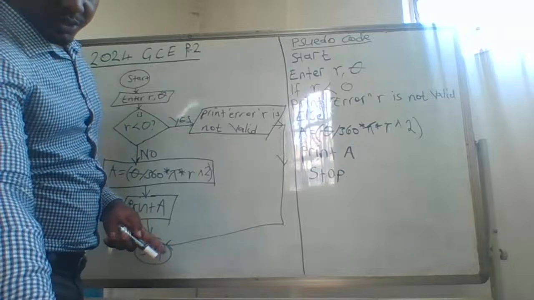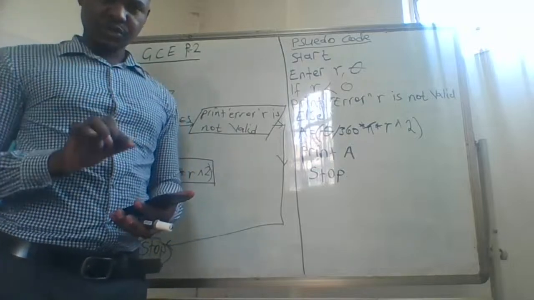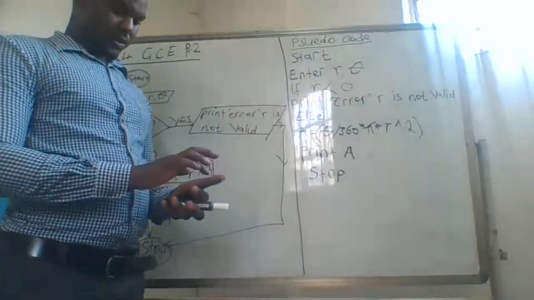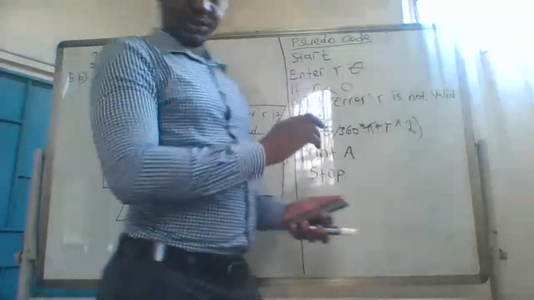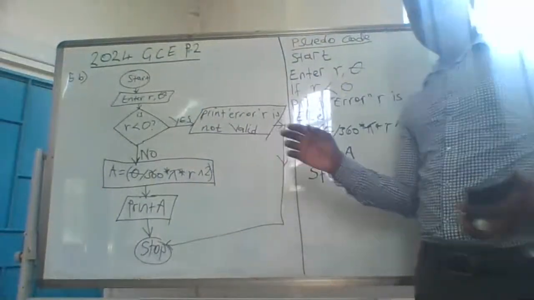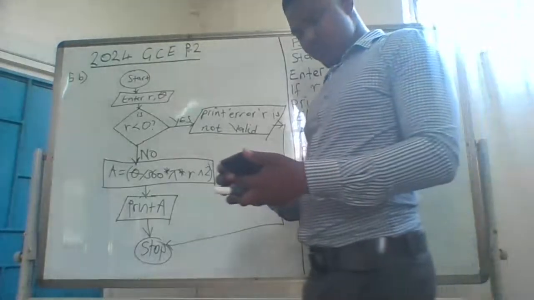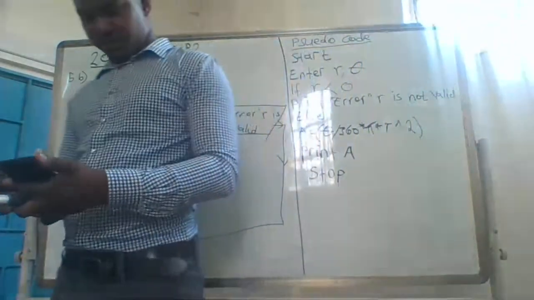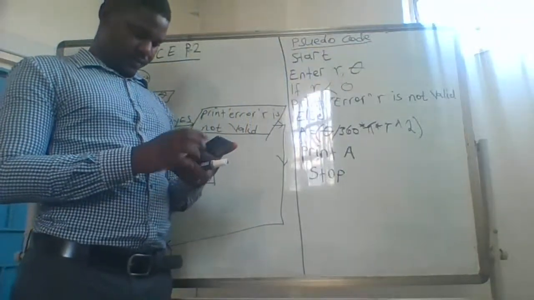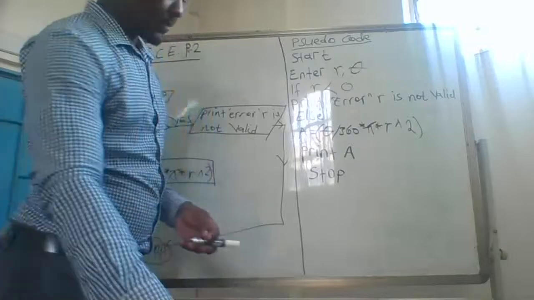Okay, so I'm going to get another question. Now, a question which has got the pseudocode. Then we need to convert it back to the flowchart. Here it looks a little bit shiny. You're able to see that program there. Okay, so I'm going to give you the question for the year 2023.